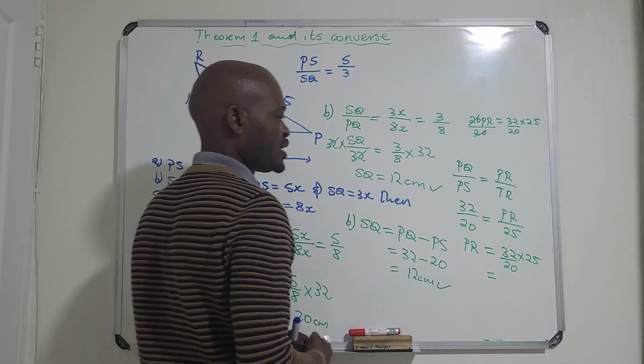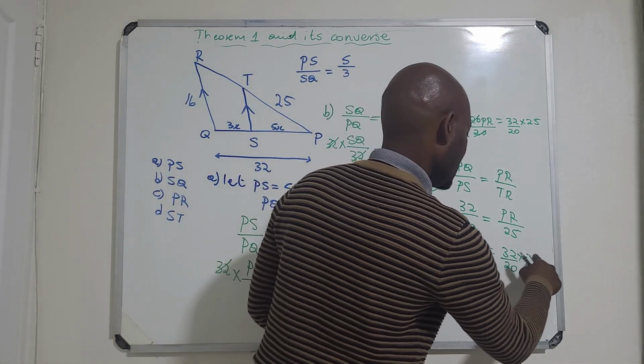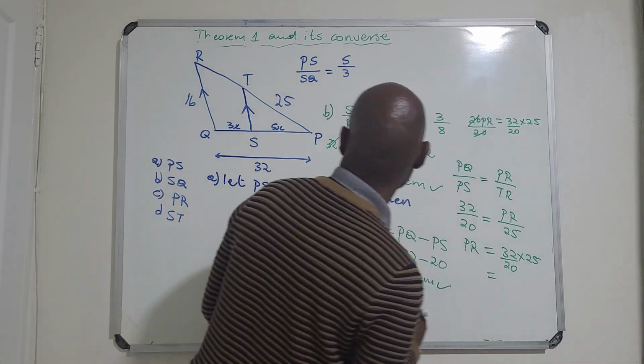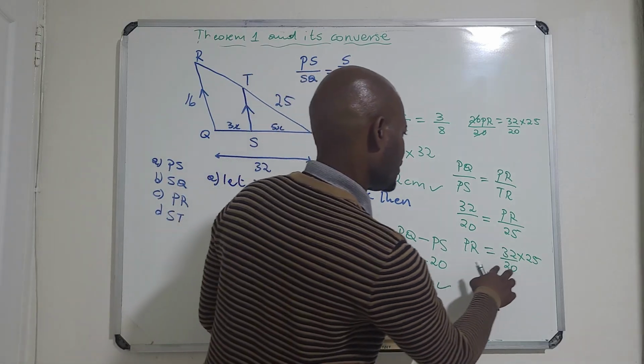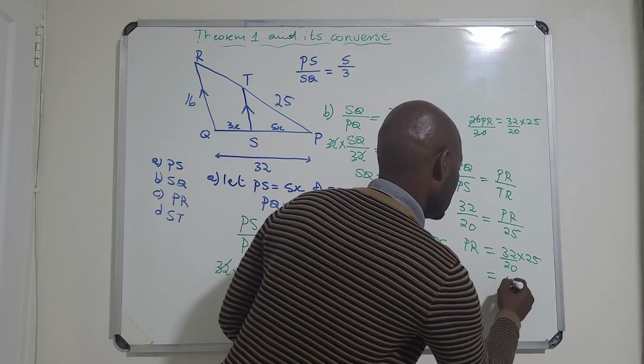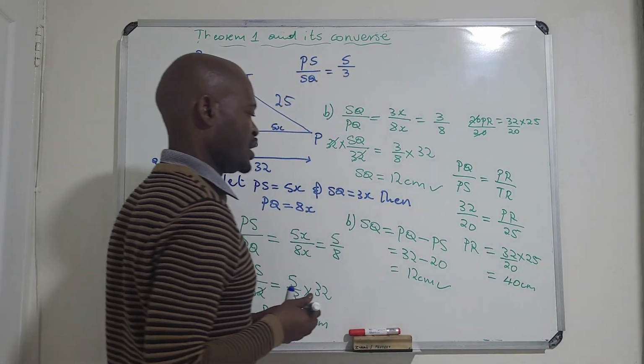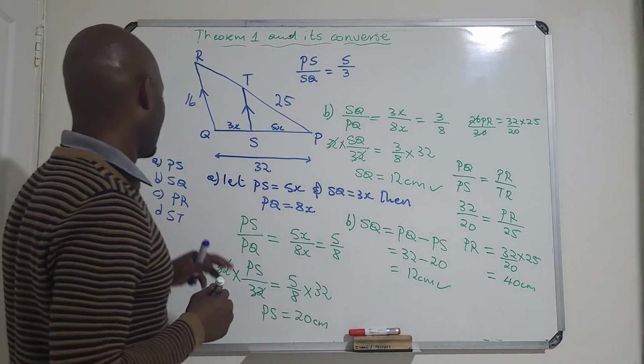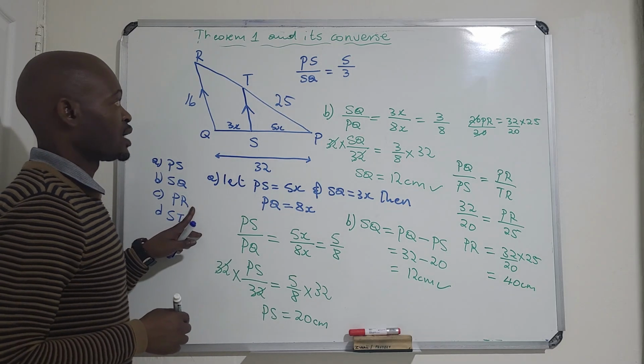Now, obviously, this is going to be 40. I can see, yes, there. I'm going to have 40 centimeters there for my PR.